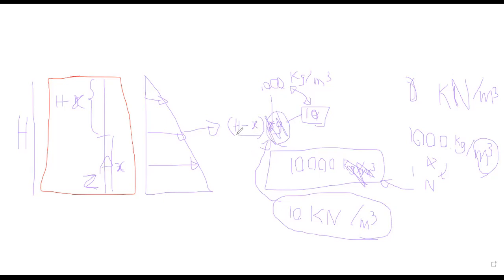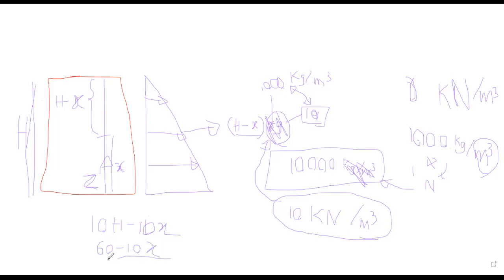Specific weight into H minus x, right? So you know the total H. That's going to be 10H minus 10x. So this is going to be y equals mx plus c. H is 6, so that's going to be 60 minus 10x.